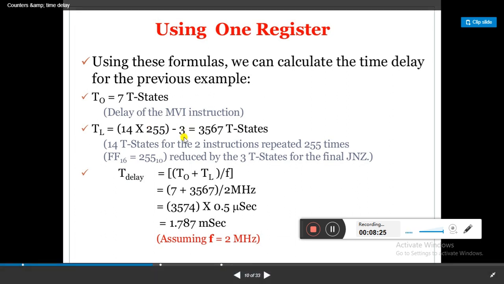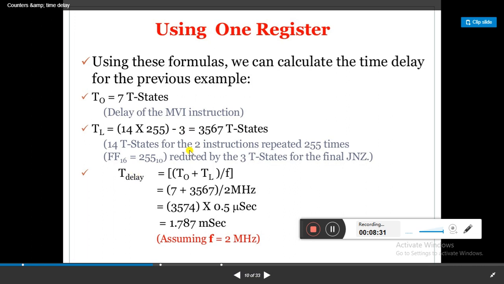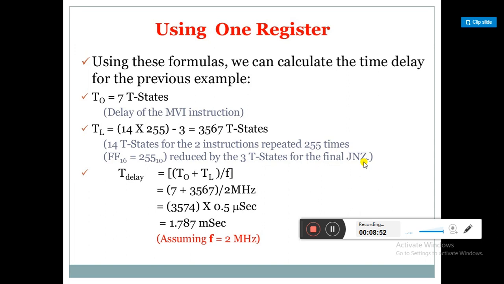At the last iteration, when the condition fails, it takes only 7 states. So the total is 3567 T-states. So 14 T-states for 2 instructions repeated 255 times, that is from FF to 00, and reduced by 3 states when JNZ fails at the final iteration.